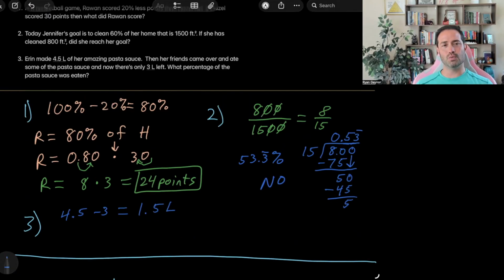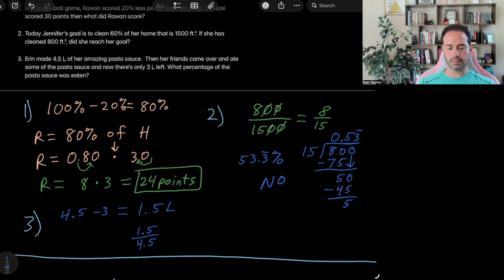Now it's asking you what percentage of the pasta sauce, right? So the total pasta sauce was eaten. So we have to take what was eaten, the 1.5, and we have to divide that by the total, 4.5, right? It says was eaten, so we got to do the 1.5, which was eaten, divided by the total amount.